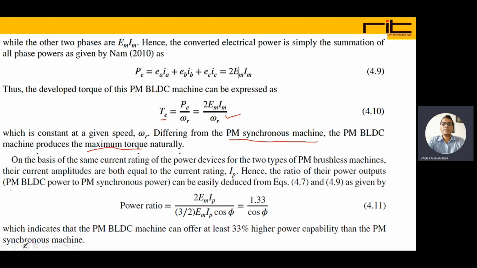So we can get 33% higher power capability by using a PM BLDC machine.